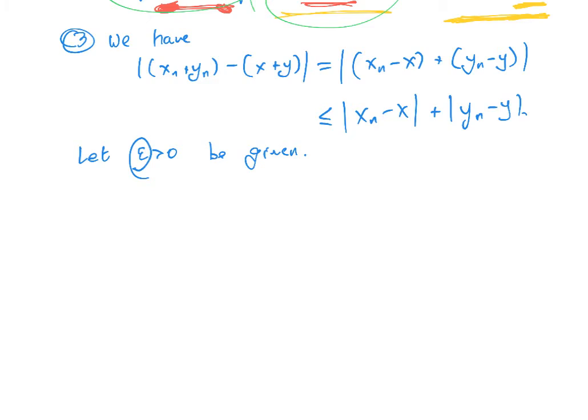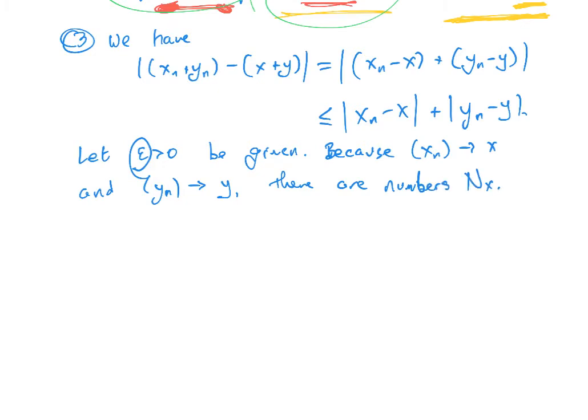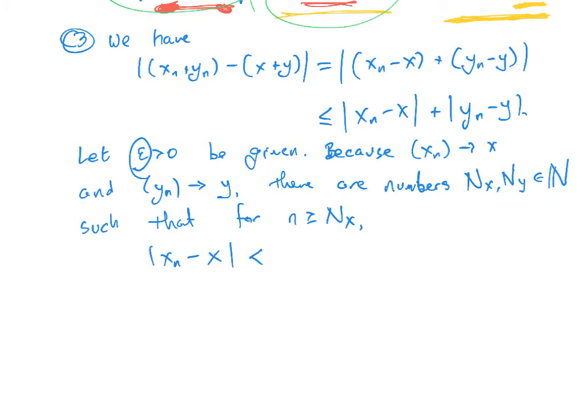Because, and now I'm going to use the shorthand for convergence, and that's okay, because xn converges to x, and yn converges to y, there are numbers Nx and Ny in capital N such that for little n at least capital Nx, this is where I said I want to force this to be less than epsilon over 2.